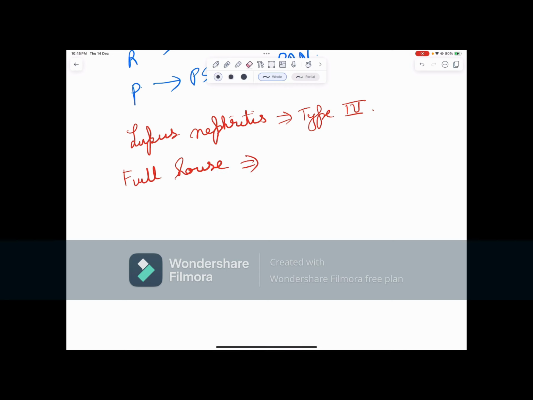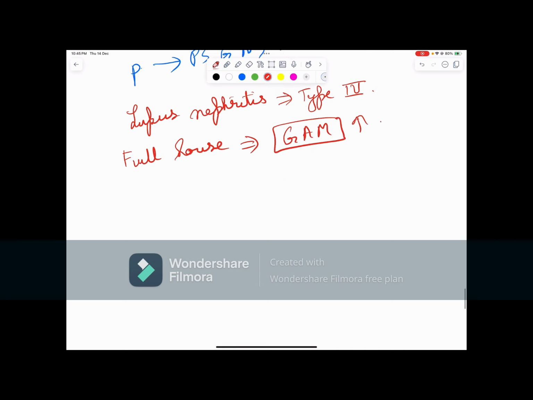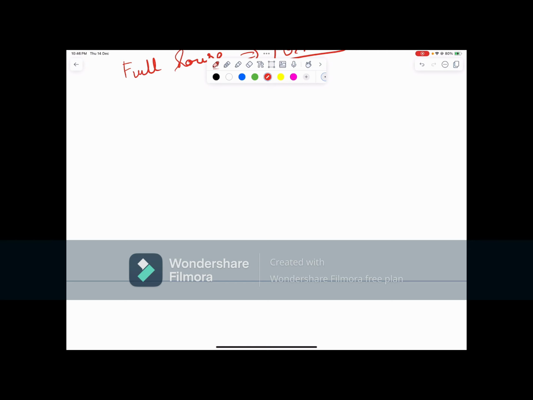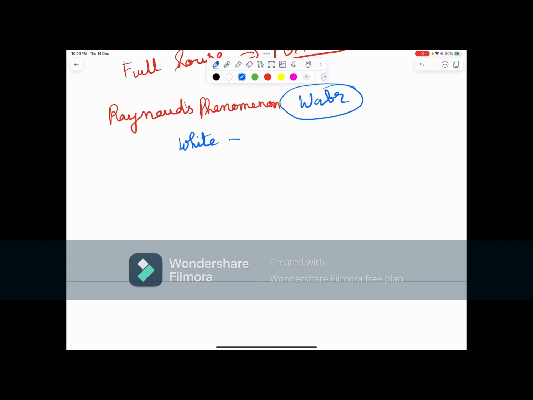In full house pattern, you have IgG, IgA, IgM increasing. Now remember the Raynaud's phenomenon. Now Raynaud's phenomenon can be remembered by WBR, that is white, blue, red, because of vasoconstriction, cyanosis, and reflow.